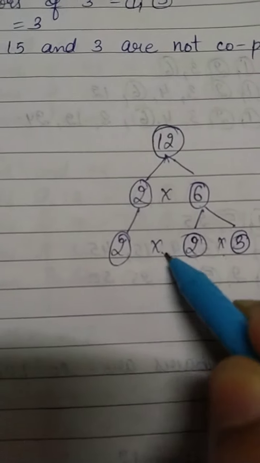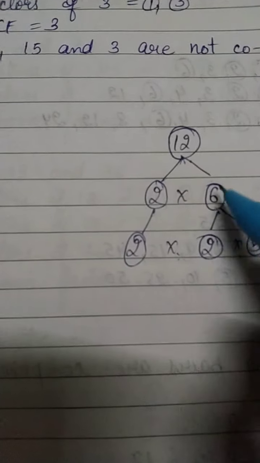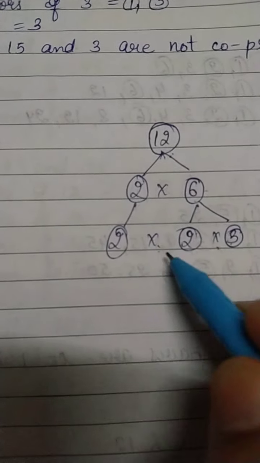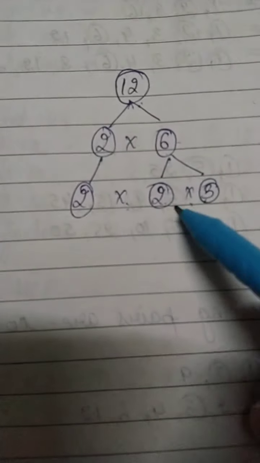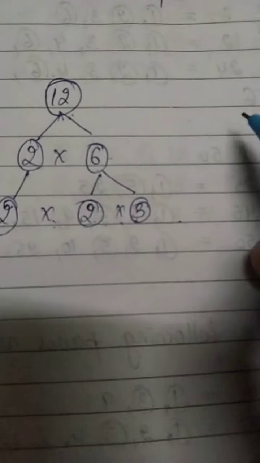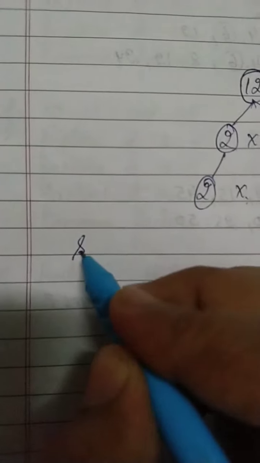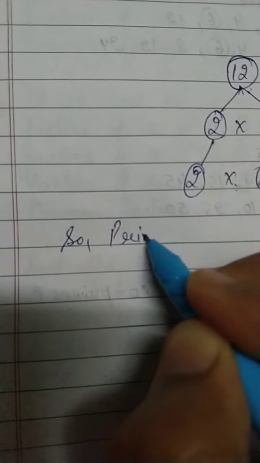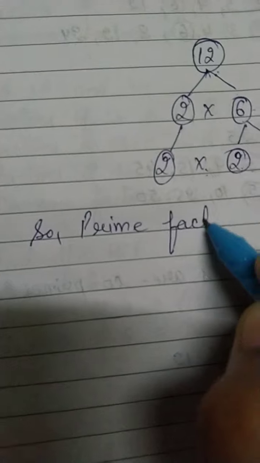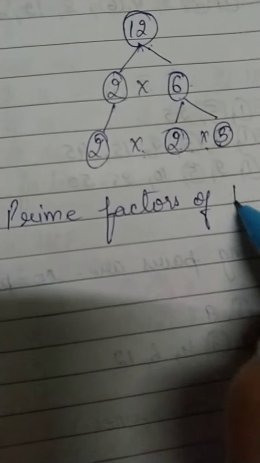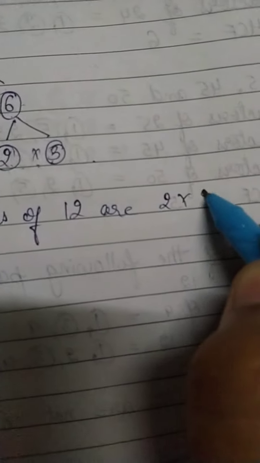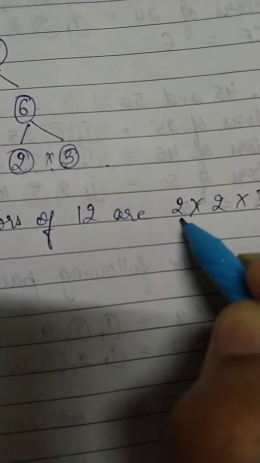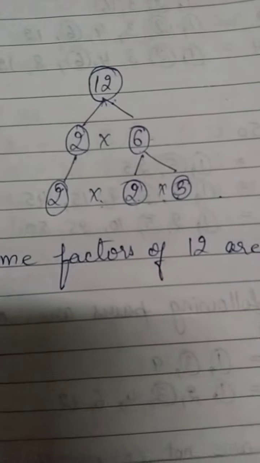Do not forget to put this multiply sign in between because their product is the above number. 2 3s are 6. So now kids, can I split this 2 and 3 again? No, I cannot because all 3 are prime numbers. So you'll write there, prime factors of 12 are 2 multiplied by 2 multiplied by 3. 2 2s are 4 and 4 3s are 12.